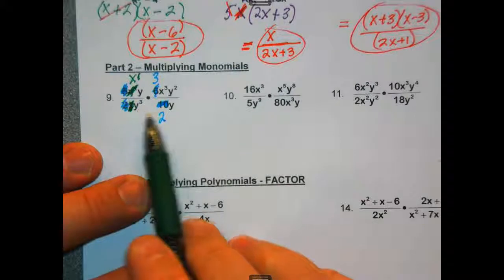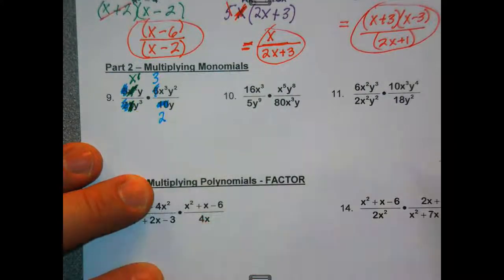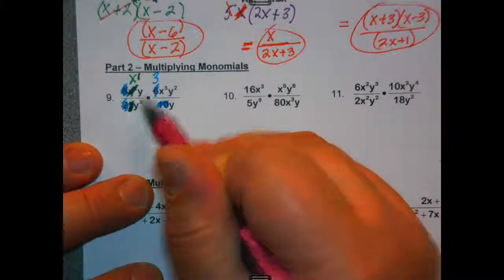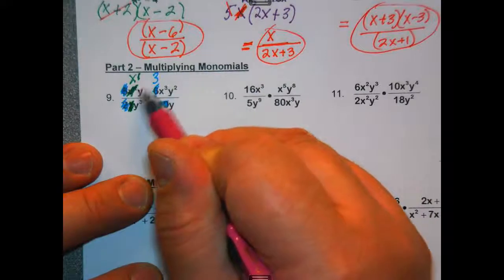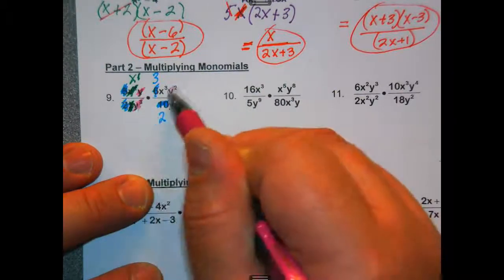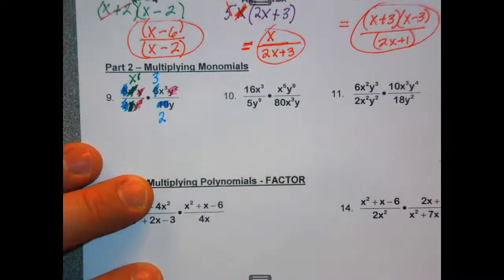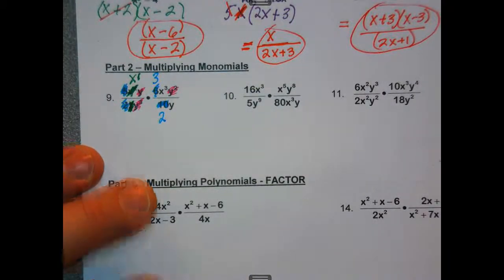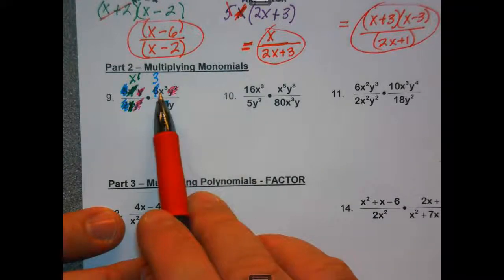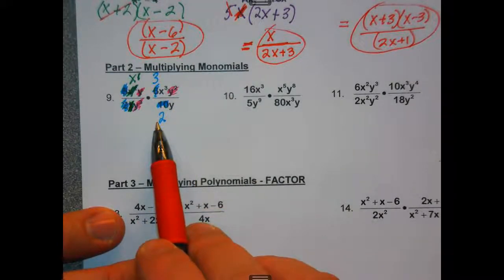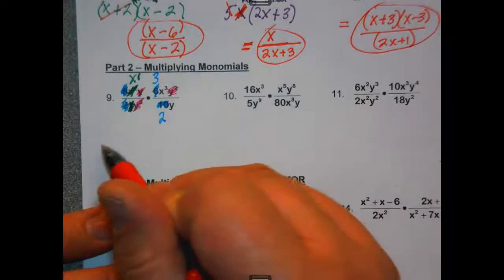Okay, how many y's do I have here? 3. And how many do I have up on top here? 3 of them. So all of these wipe out, right? Can I cancel anything else? I got rid of all the y's on top. I got rid of all the x's on the bottom. We're good to go.